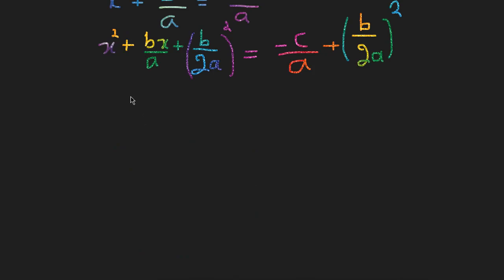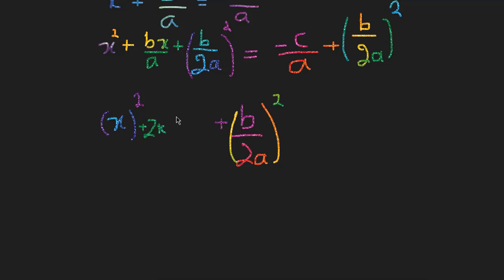Now if you look at this part, this is a formula. How is this a formula? Let me write it down here. x squared, which is the first squared, plus the second squared, and then plus 2 times the first into the second, which is b over 2a.